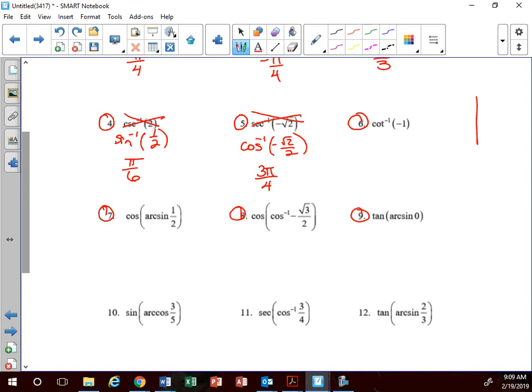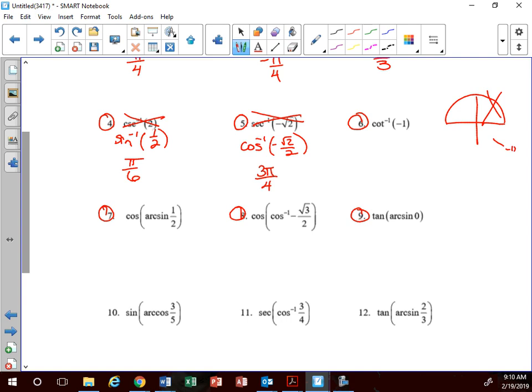So with this, you're just thinking, where from 0 to pi does cotangent equal negative 1? Well, I know that's not going to happen in the first quadrant, so somewhere in the second quadrant. What do you think? Okay, right idea, wrong place.